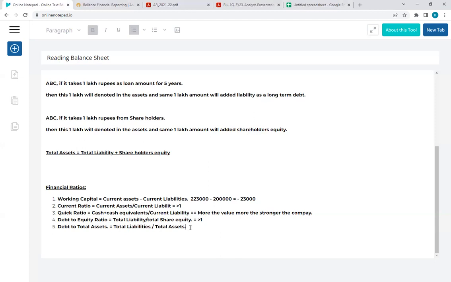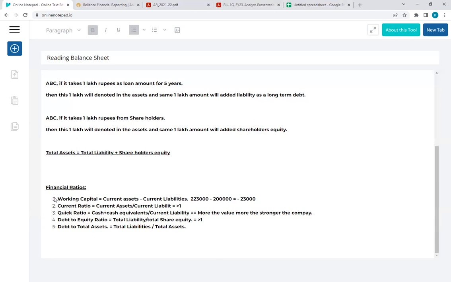This is also good if it is less than one, because then the liabilities are less compared to total assets, which is good for the company. And if it is more than one, then the total value of liabilities is more compared to total assets, which makes the company's performance downgrade.